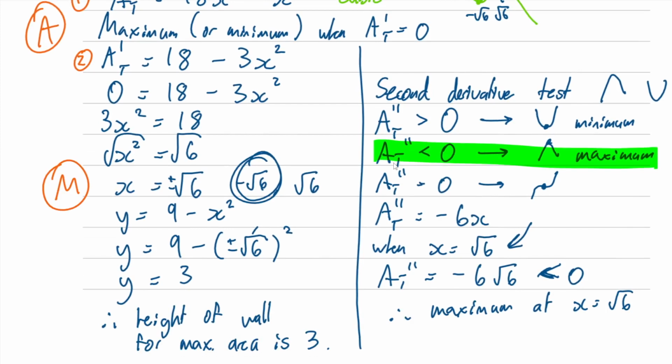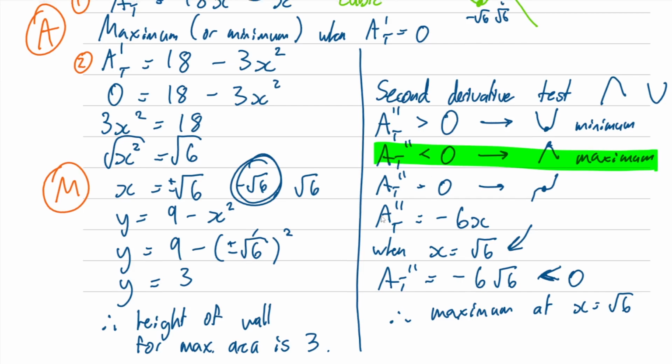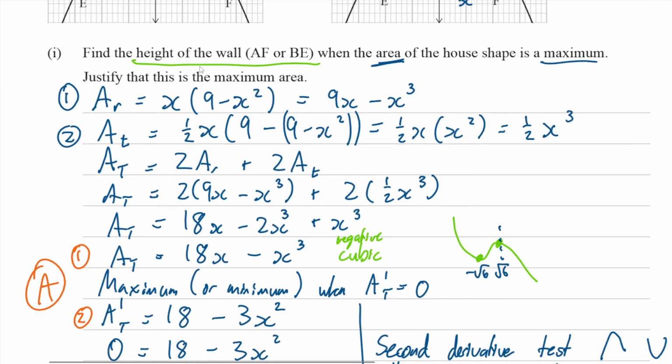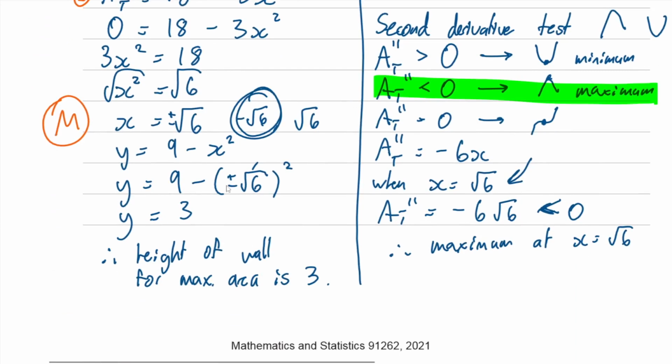In our case, we got positive or negative square root of 6. However, the question asked us to find the height to maximize the area, so we had to use the relationship y equals 9 minus x squared with our x values to find the height of 3. Now that's not quite enough for excellence.